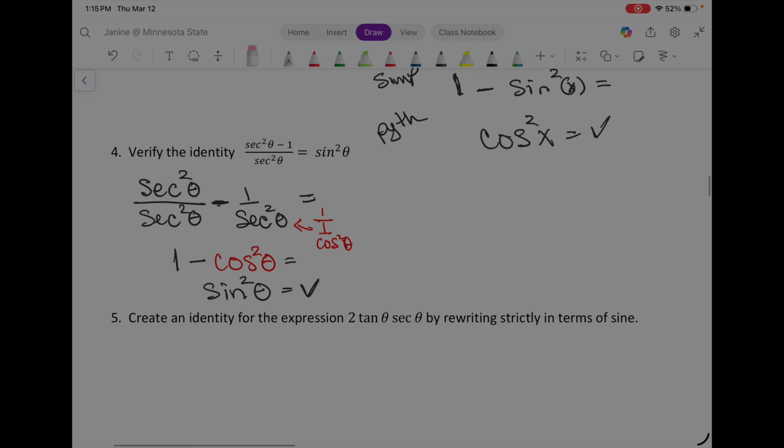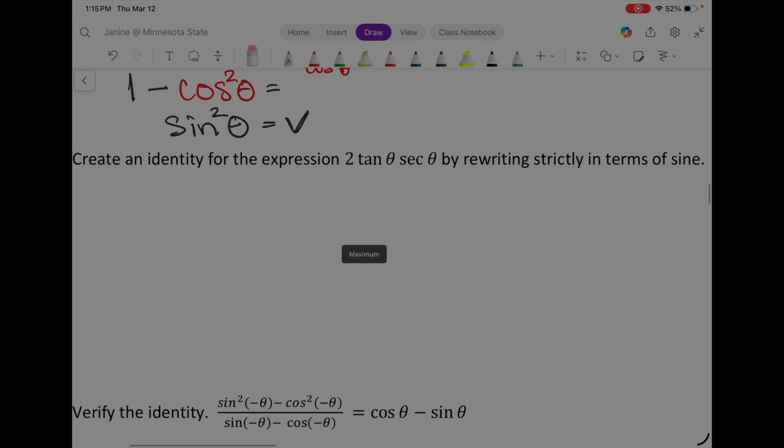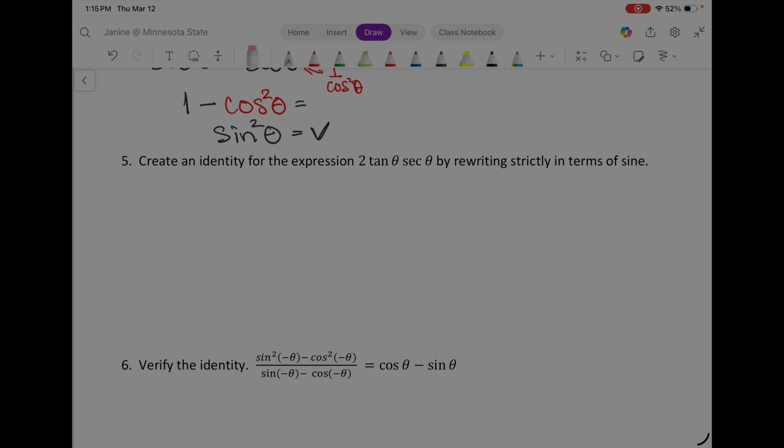Okay. Next one says, create an identity for the expression 2 tangent theta secant theta by rewriting strictly in terms of sine. Okay, so they're not telling us what to turn it into specifically. They're just saying, make sure it's got sines in it. So this one is a scenario where I would probably go to sines and cosines. Tangent is sine over cosine times secant, which is 1 over cosine.